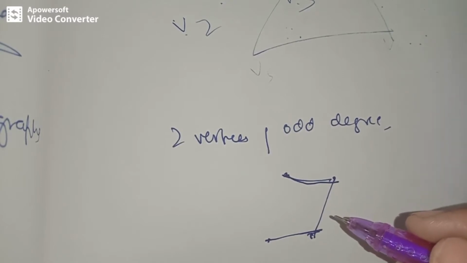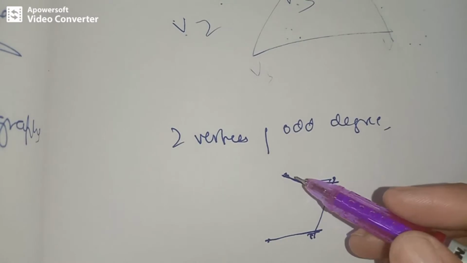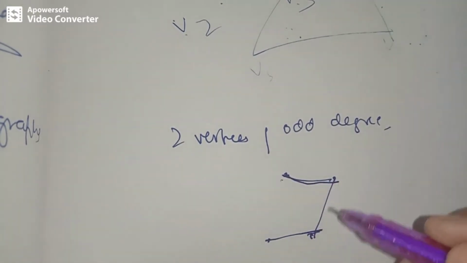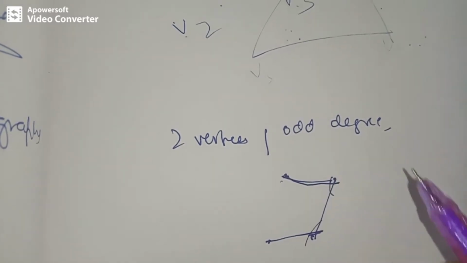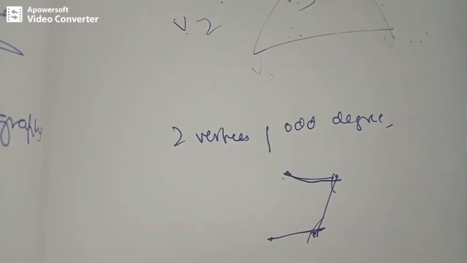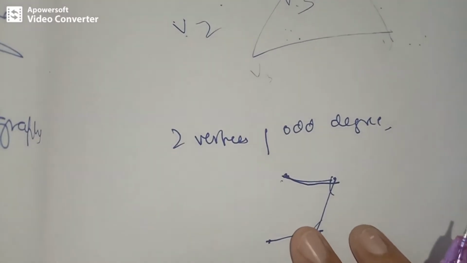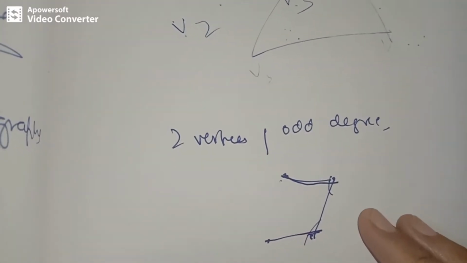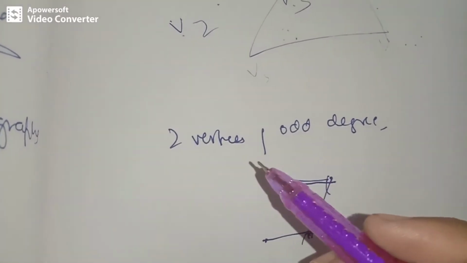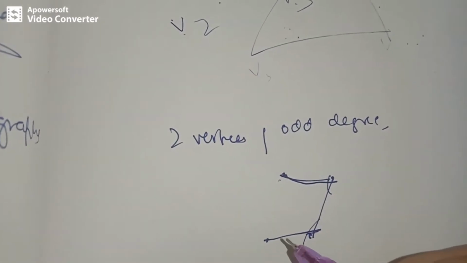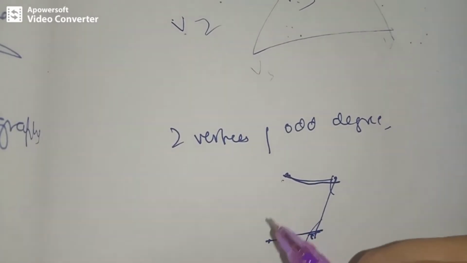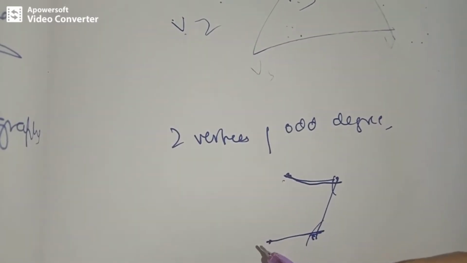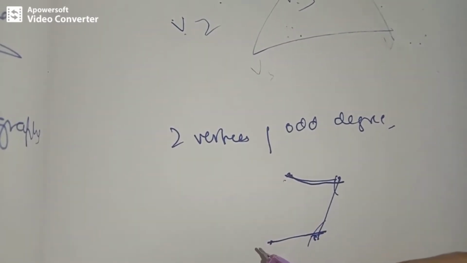According to the theorem, we have exactly two vertices of odd degree, and the remaining vertices have even degree, right? Then there must be a path connecting these vertices, so that we can traverse from one point to the other. Then we can say it is a path.